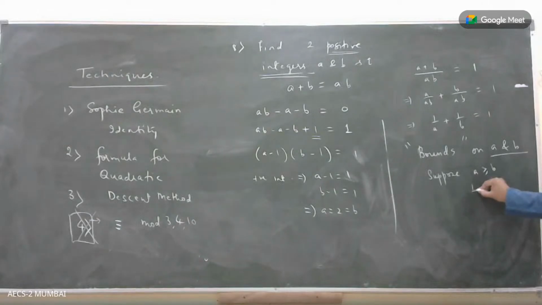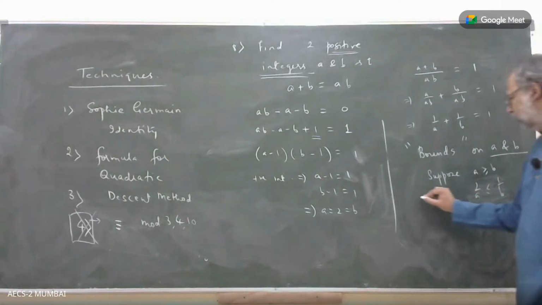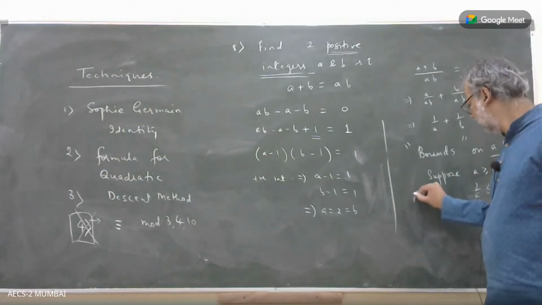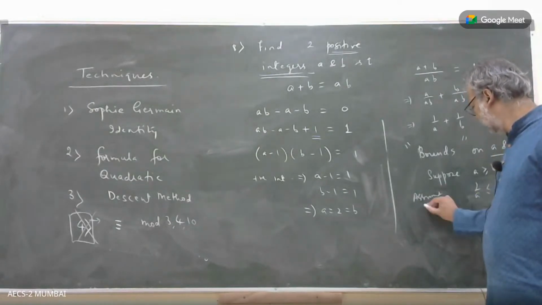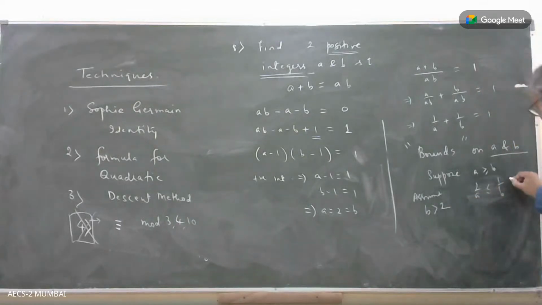So suppose this is smaller, this is larger, or perhaps they may be equal. The bigger number gives the smaller reciprocal, so 1 by A is smaller than 1 by B. Now assume that my B is greater than 2, so 1 by B will be less than half.